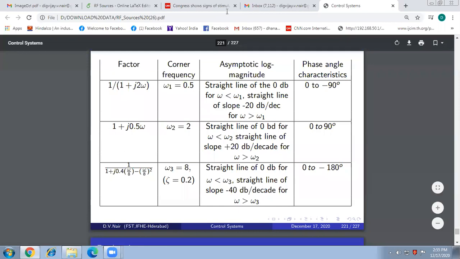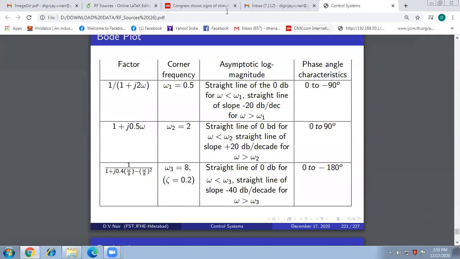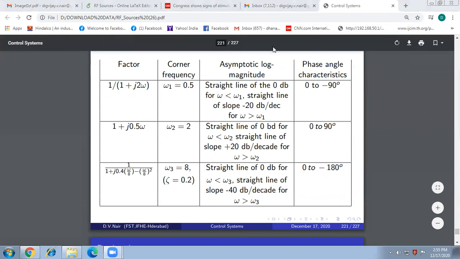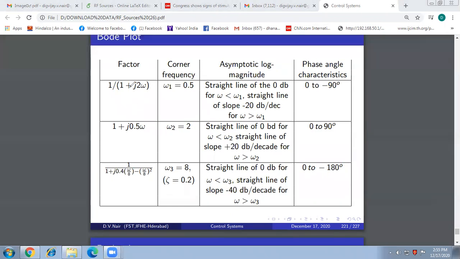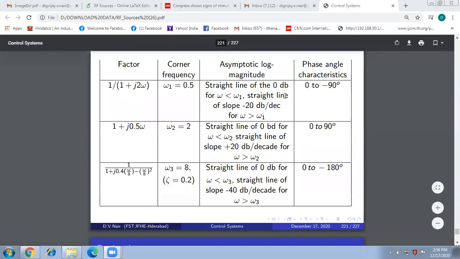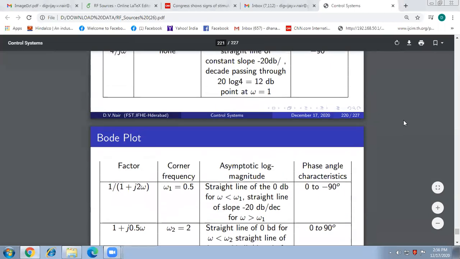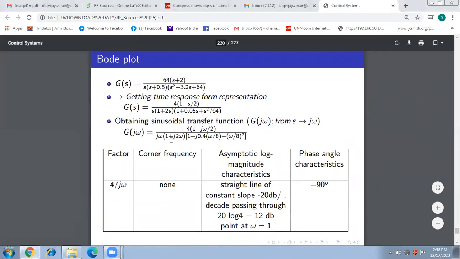Then we come to the next factor, that is a pole, 1 plus j2 omega, right? So the next term of interest will be 1 by (1 plus j2 omega).